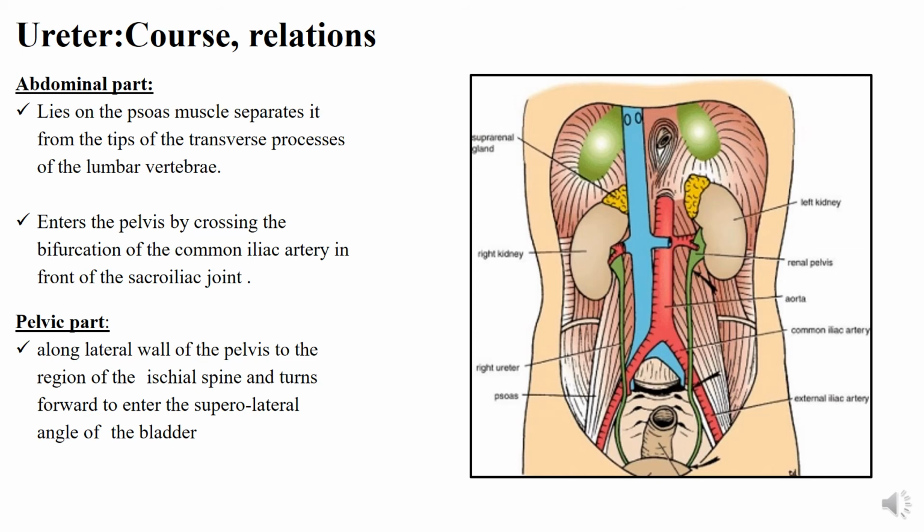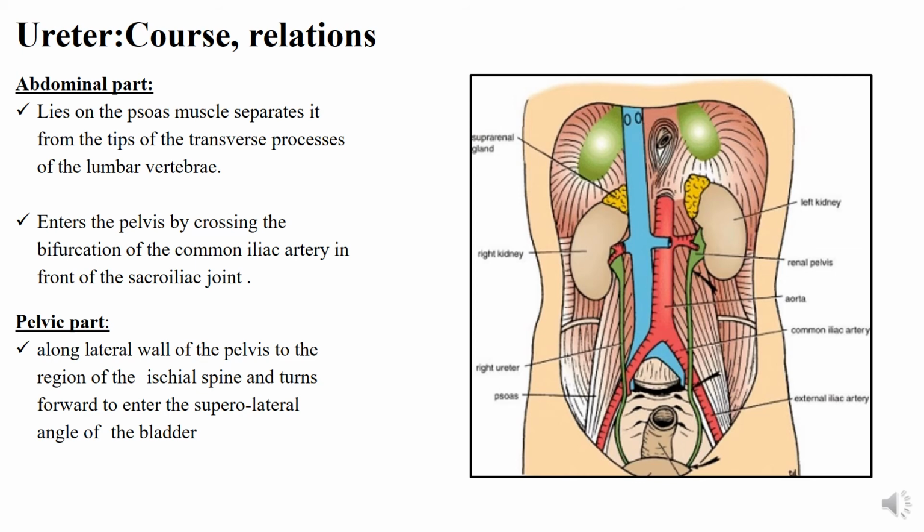So when the bladder fills, the urine will press on the wall, and this pressure will compress the oblique opening of the ureter, and then the ureter will be closed, so the backflow of urine will be prevented.